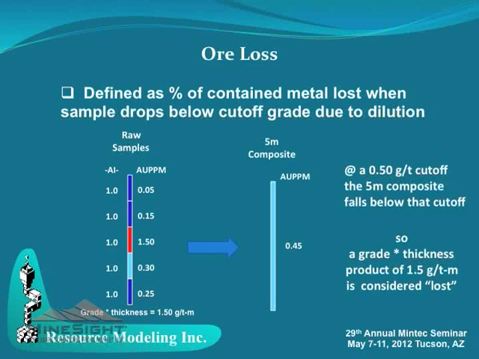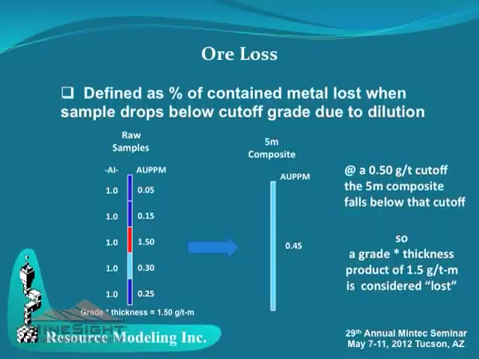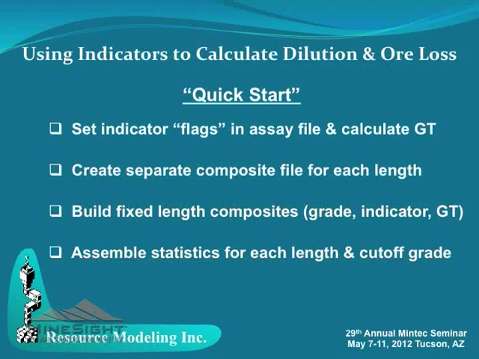If we were to now create a 5-meter long composite, we have an average grade for that 5 meters of 0.45 grams. So at that half-gram cutoff, our composite now has fallen below our cutoff grade of a half gram. So that 1.5 gram per ton meter is now lost. We can't mine that.